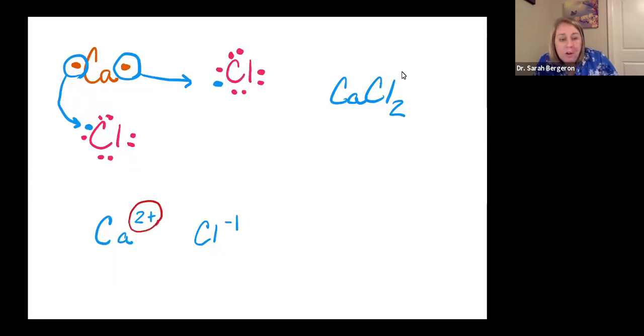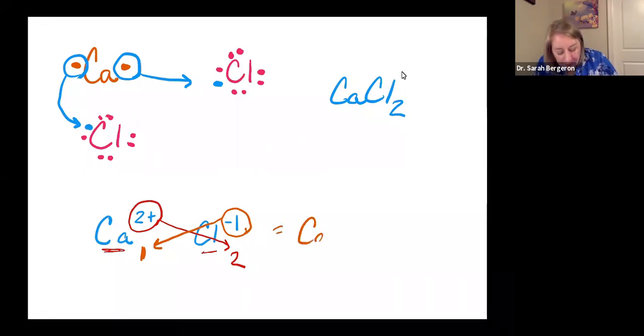You take the charge on 1, and we're always going to start with our metal on this side, our non-metal here. So you take the charge on the metal, and that becomes the subscript on the non-metal. And then vice versa. You take the charge on the non-metal and make that the subscript of the metal. And so what does that give me?